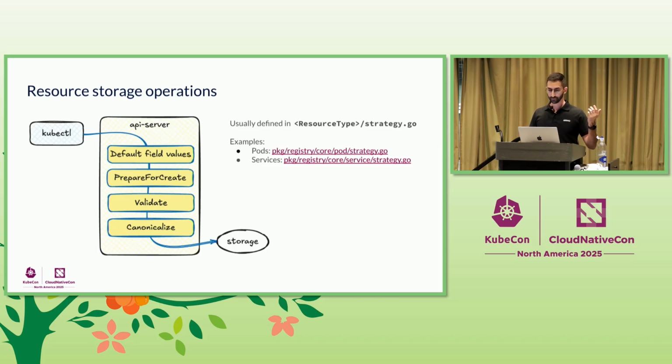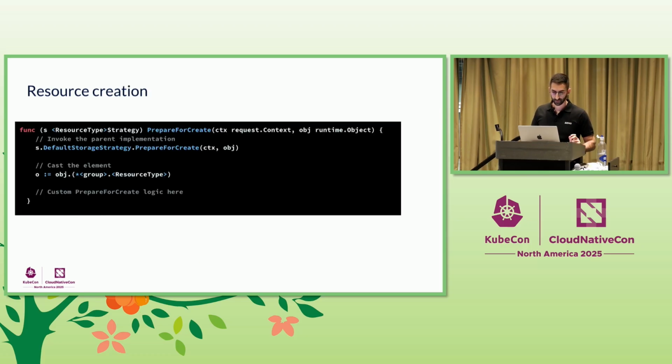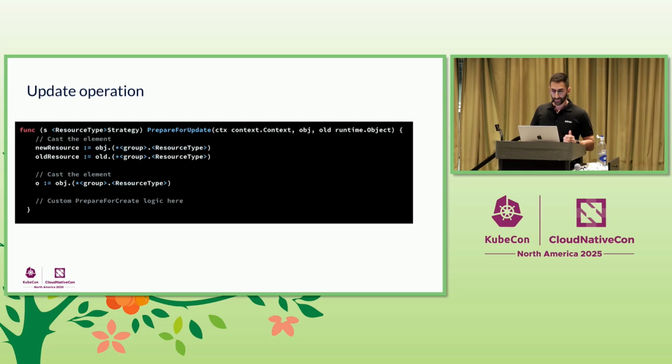Let's look at some of the interesting ones. We have PrepareForCreate, which is for resource creation: you get the object, you cast it, and from there you can put some creation logic. We have PrepareForUpdate: you receive the old resource and the new resource, and put some custom logic based on that.